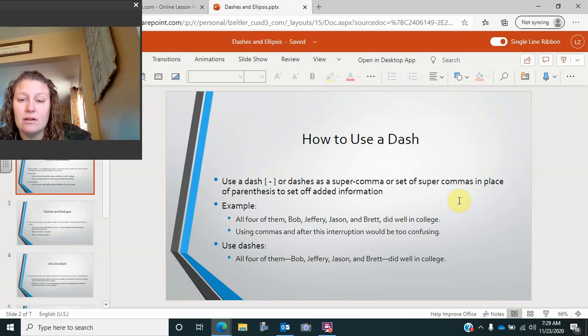So you could insert dashes to make it easier to read. The correct example says: all 4 of them, dash, Bob, Jeffrey, Jason, and Brett, another dash, did well in college. It's much easier to read, and it still gives you the pauses you needed, even as though you were using the commas from the first sentence.